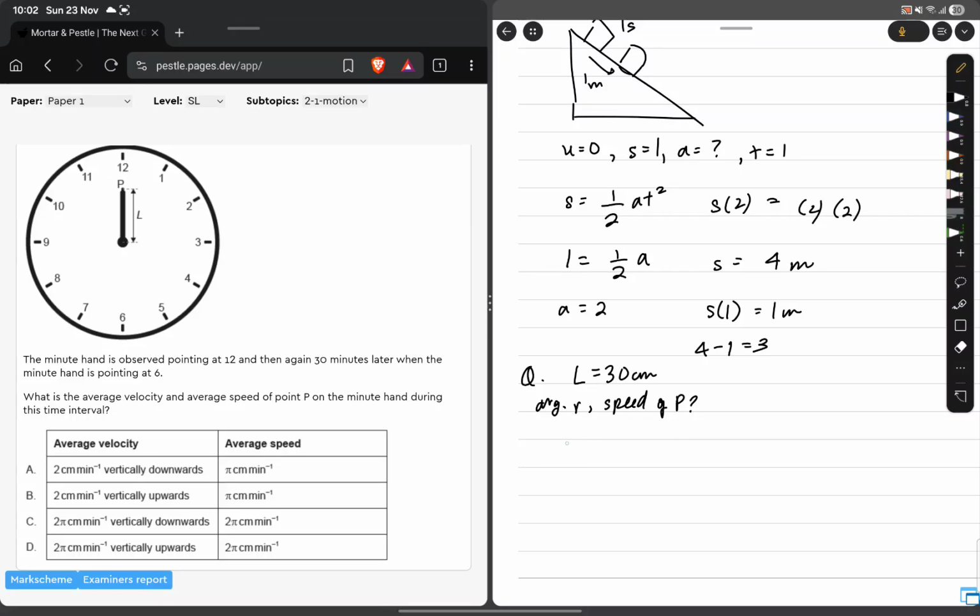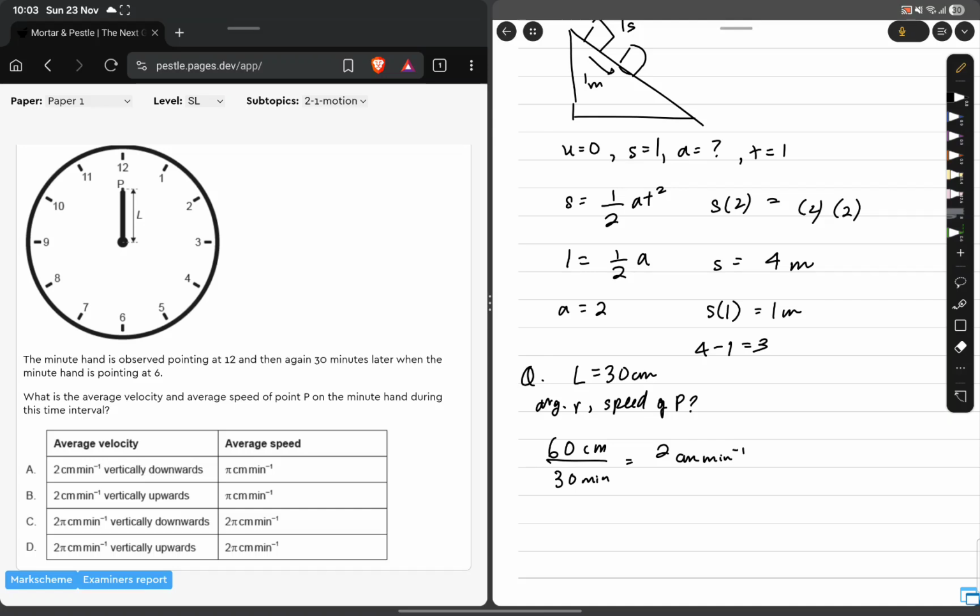So if one length is 30, then you multiply it by 2 to get 60 centimeters, and over 30 minutes, which gives us 2 centimeters a minute, vertically downwards.